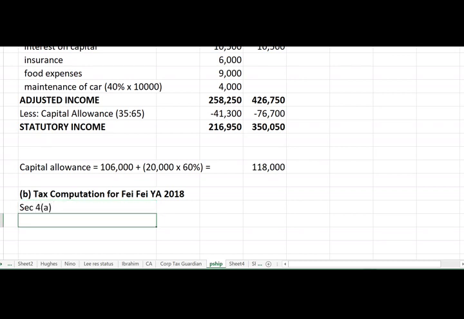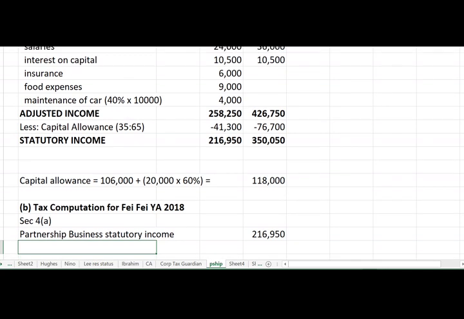And when you talk about 4A, you have a partnership business SI, that the figure is 216,950. So whether you get a 216,950, you got it from the answer in part A. Okay, now I would like you to carry on. Try that. Okay, I'll give you a few minutes just to sort out your figure. Just try that. Okay.